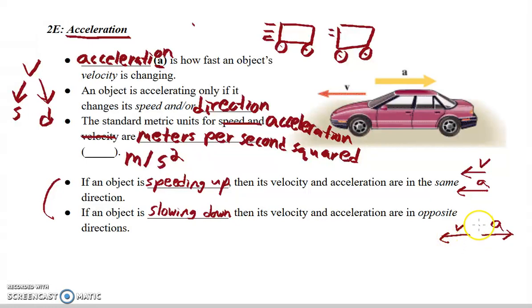If the velocity and the acceleration do not agree, the velocity is going one way, but the change in velocity, the acceleration, is going to cause it to eventually slow down. So if velocity and acceleration agree, the object is speeding up. If they're opposite, that object is slowing down. Those are all the basics for acceleration: what it is, and what it means to be speeding up and slowing down.